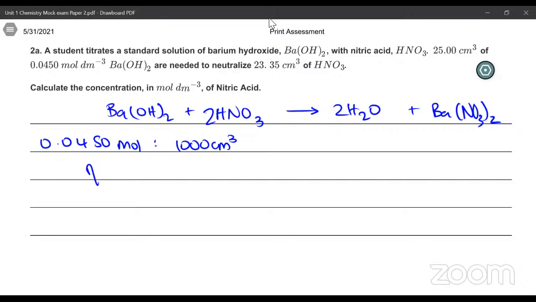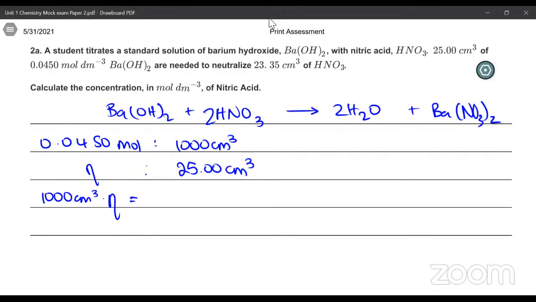Now, here we want to know how much would be in 25 cm³, since it's 25 cm³ of barium hydroxide that we need to neutralize the nitric acid. So 25.00 cm³. Now, what you're going to do is cross multiply, so you end up getting 1,000 cm³ times that number of moles is equal to 25 cm³ times 0.0450 moles.